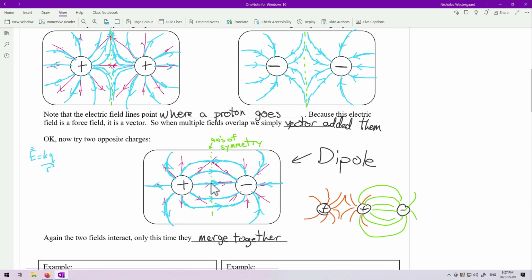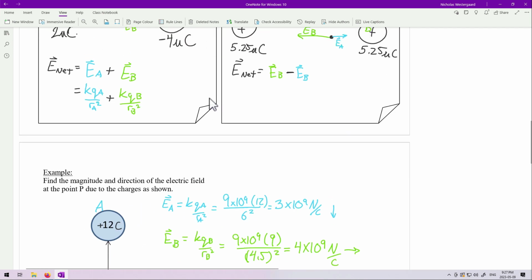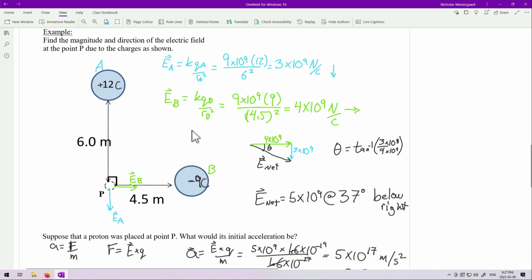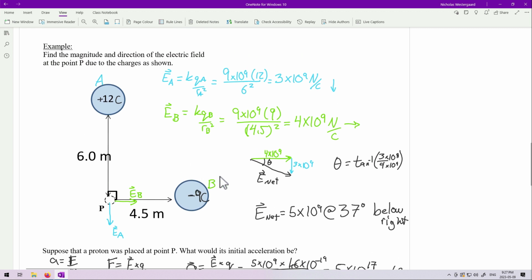That's technically what we did to find these visualizations, and we can just do the same thing numerically in these cases. This works for things that are aligned, and for things that are not aligned. We just have to remember to use our vector addition.